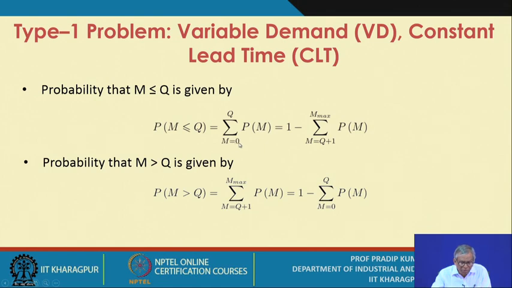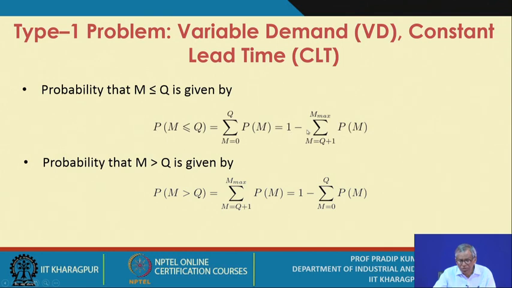So this is M equals 0 to Q. That means the demand could be 0 and could be up to Q. It's clear? That means the actual demand will never be more than Q. That's why, up to Q, the probability that there is a demand for M units is PM.